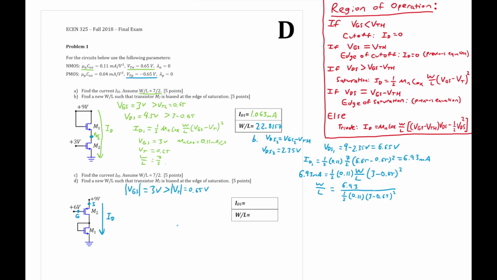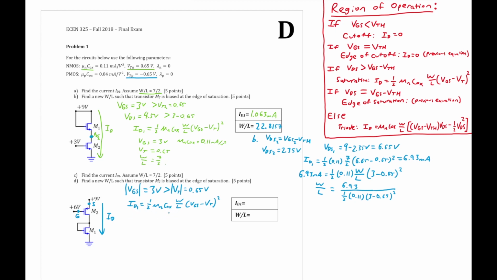So next, let's assume we are in the saturation region. And if our equations work out, then that means we really are in the saturation region. If it doesn't, then that means that one or both of our transistors are in the triode region. So let's take the equation ID is equal to 1 over 2 mu n COX W over L (VGS minus VT) squared, and this is ID1.